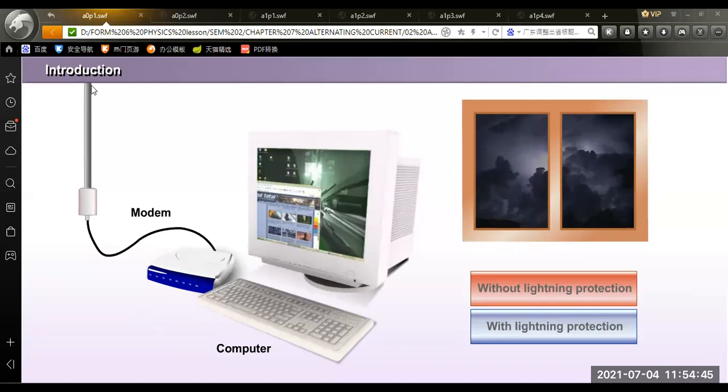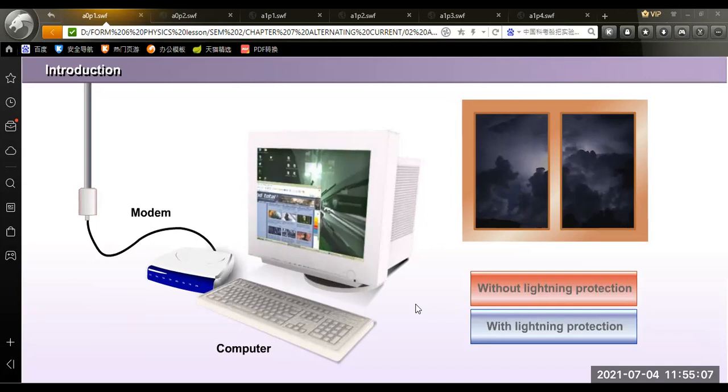Let's observe: there is a cable connected to a modem, which connects to our computer. The previous technology used a cable to connect to the computer, but now we are using Wi-Fi as well, or a LAN cable to the computer.